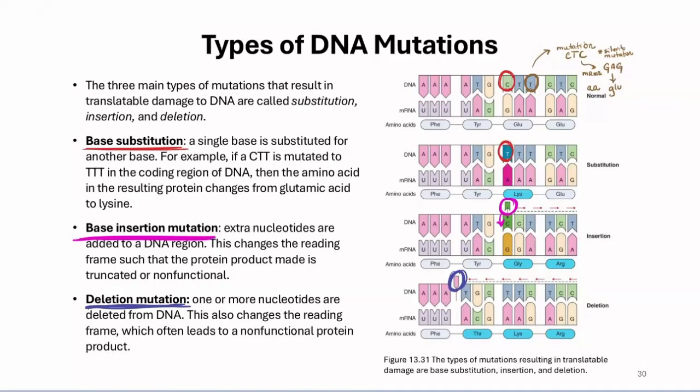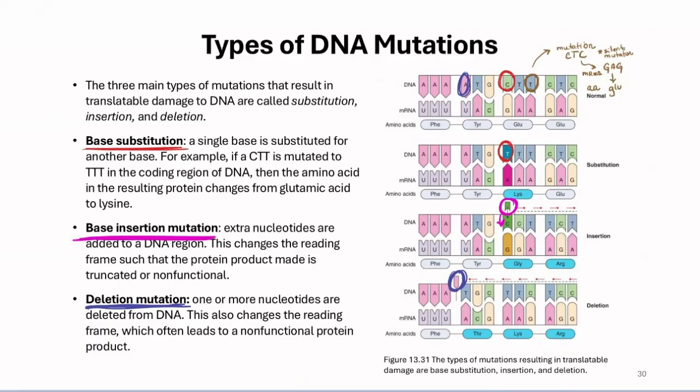And when that nucleotide gets deleted, in this case, it is just illustrating the deletion of the A. Like the base insertion mutation, the deletion mutation also changes the reading frame, and it often leads to a non-functional product.